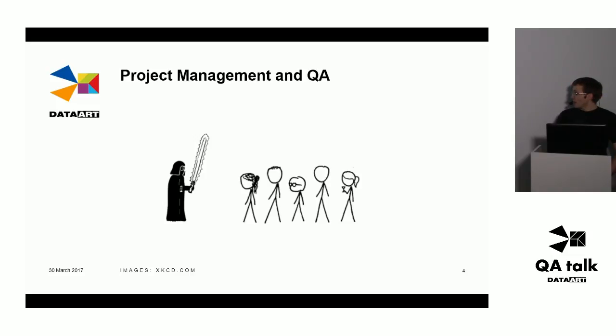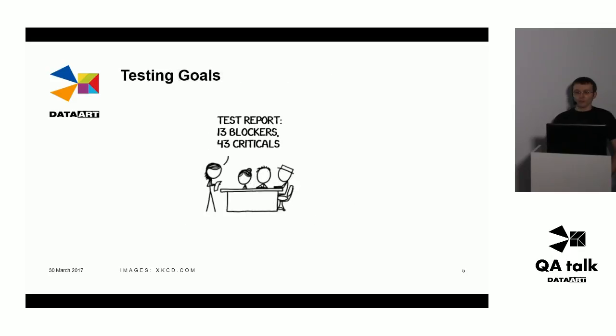Okay, so why do we need to go deeper and get involved in those complicated processes? I would say there are two reasons. First of them, you can make your own work more efficient and more comfortable for you. The second one, you can improve the whole project you work on.